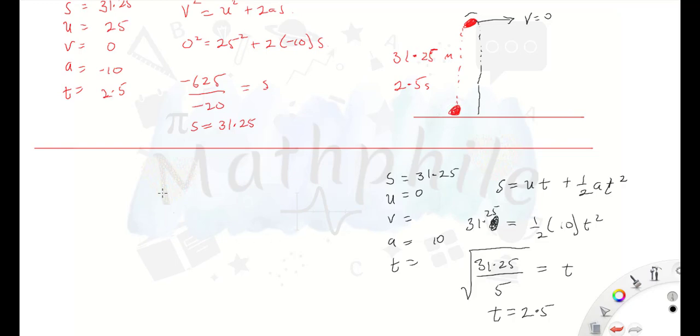Or the last way to solve this is using zero displacement. SUVAT. So I'm solving this question using a different way. We're given the initial velocity, u is 25, and the particle was projected upward with an acceleration of negative 10.